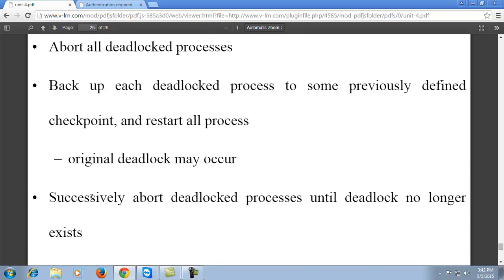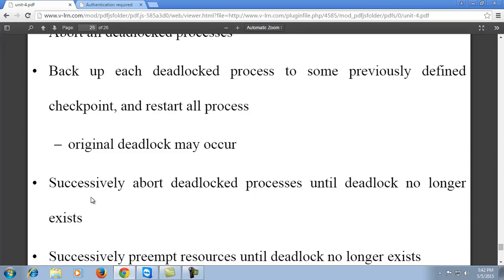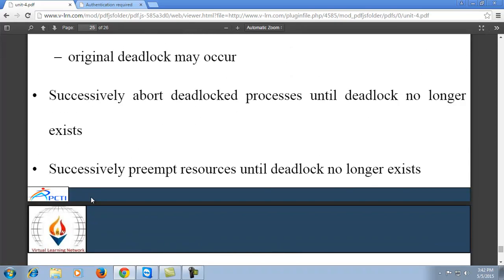We are going to terminate only those processes and tasks which are the causes of deadlock and which are acquiring the kind of resource which may cause deadlock. So, by using these steps, we can avoid or prevent our system from entering into the deadlock situation. Successively preempt resources until deadlock no longer exists.